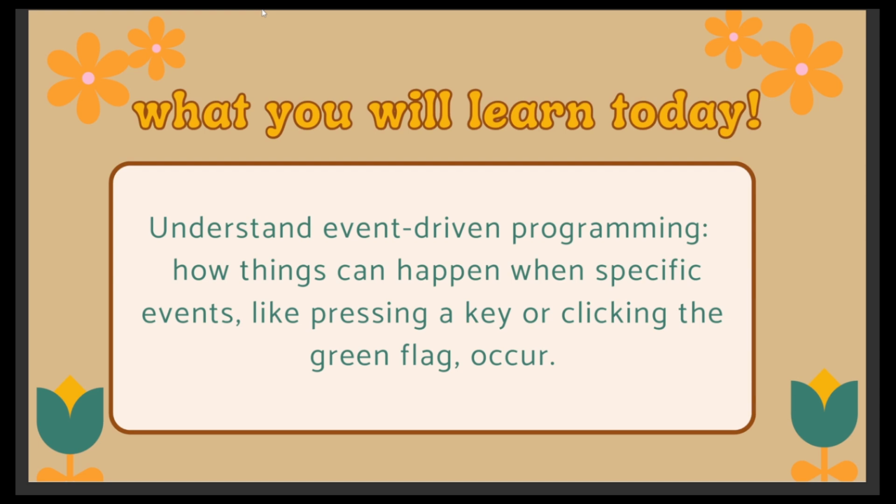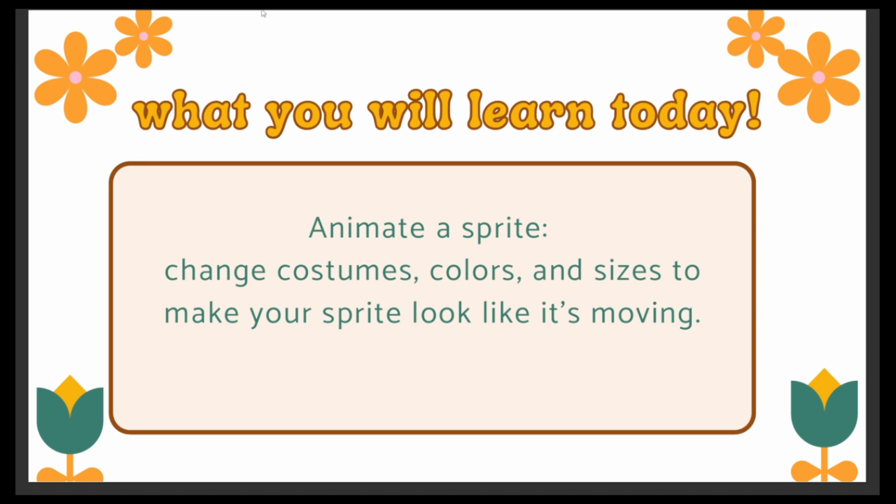So what you're going to learn today: understand event-driven programming, how things can happen when specific events like pressing a key or clicking the green flag occur. We are also going to learn how to animate a sprite, how to change costume, colors, and sizes to make your sprite look like it's moving.